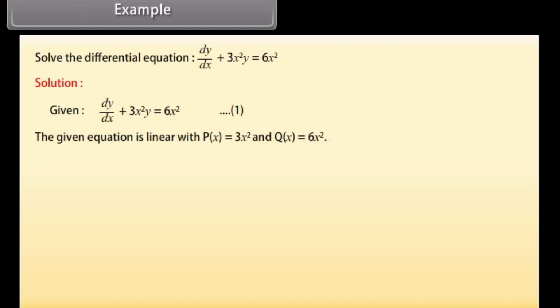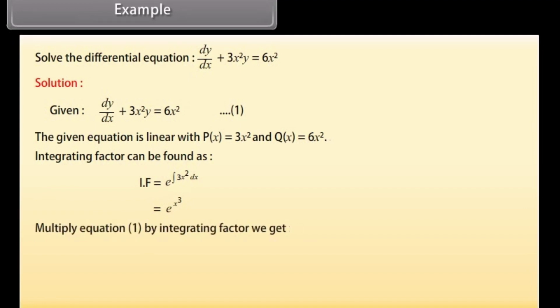The given equation is linear with p(x) = 3x² and q(x) = 6x². Integrating factor can be found as I.F. = e^(∫3x² dx) = e^(x³).